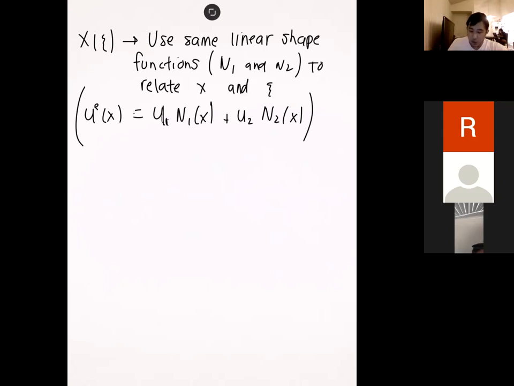What if we use the same shape functions to express the nodal coordinates? We can say that x of zeta is equal to x1, the coordinate for our first node, multiplied by n1 of zeta, so we have the same functional form.